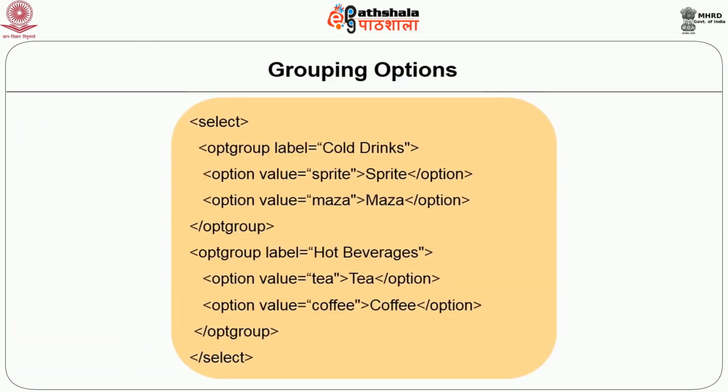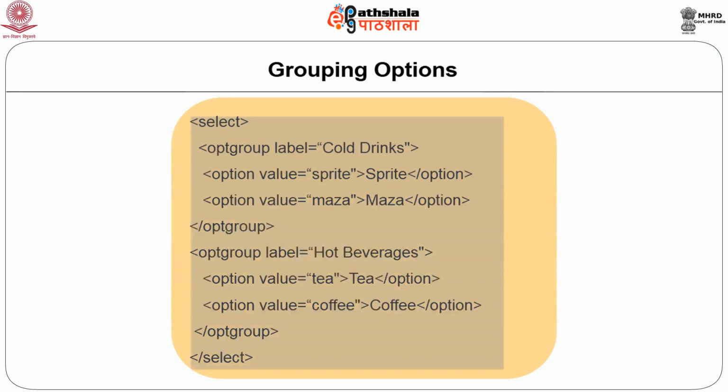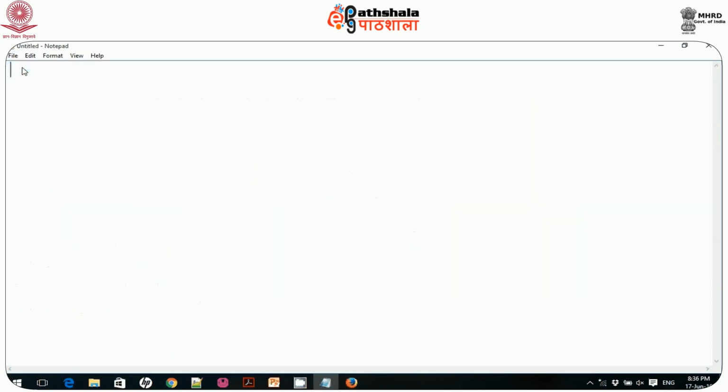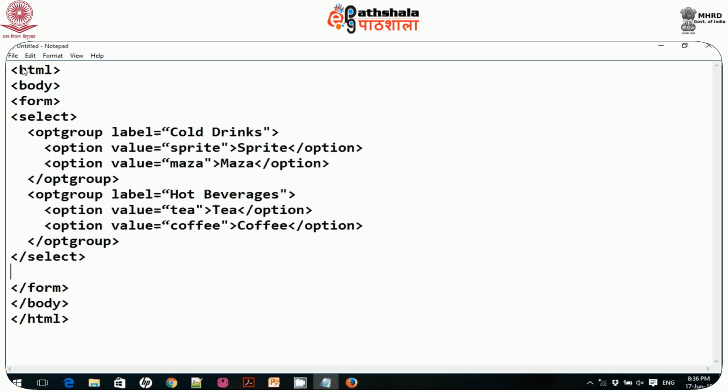Then you can also do grouping of options. Let's say for example, I copy paste this one and let me create a new file. So I create a new file, and I just need to write HTML and /HTML, body and /body, and inside that I can use form and /form and provide this select, and then I write OPT group, label is cold drink, and then option and value.